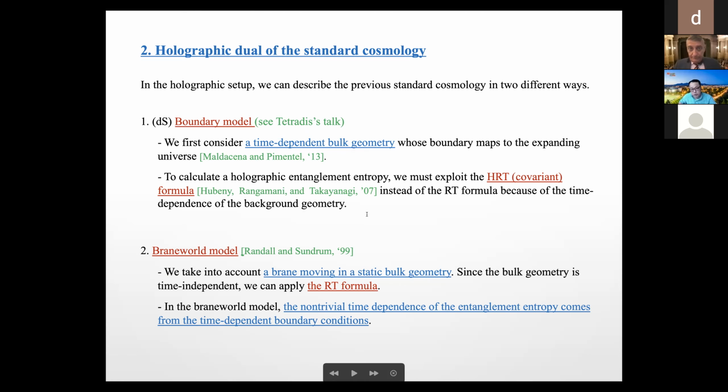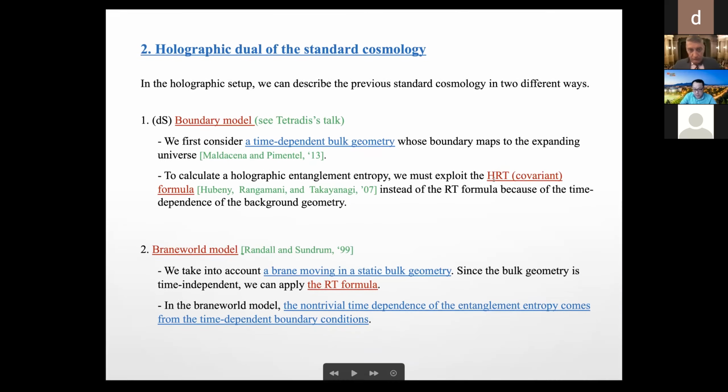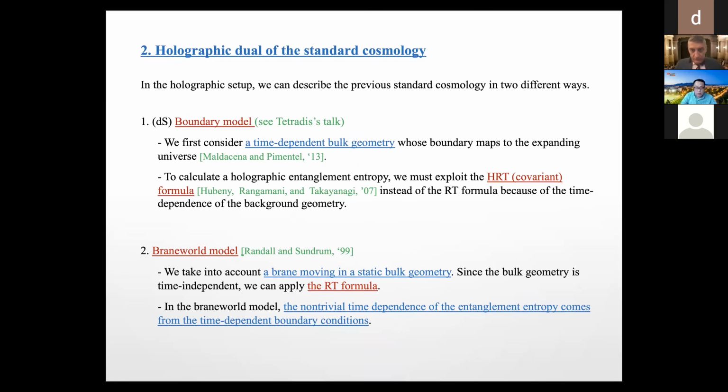In this case, we should use a more generalized holographic technique, called the Hubeny-Rangamani-Takayanagi formula. This is sometimes called the covariant formulation because it should contain the appropriate time dependence. So this is one case.